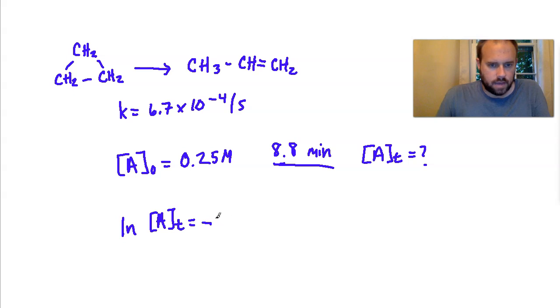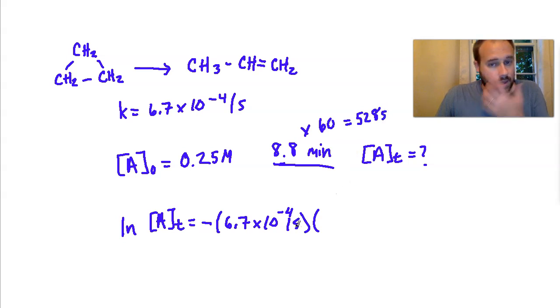So negative 6.7 times 10 to the negative fourth per second, okay, times t. Now t, we're going to have to figure out what that is in seconds. So we take 8.8, and there's 60 seconds to a minute, so I would need to take 8.8 times 60, okay, and we end up with 528 seconds.